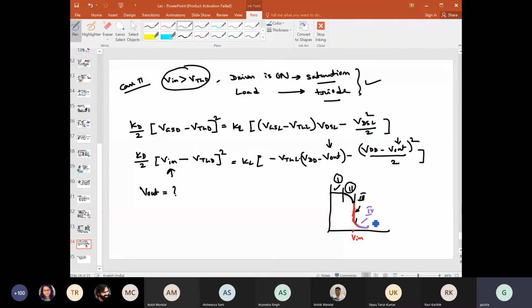If you go further beyond, it will further go, but it will never reach 0 volt, right? So we will have VOL dash, which is not equal to 0, but you have this VOH dash, which is equal to VDD, right?